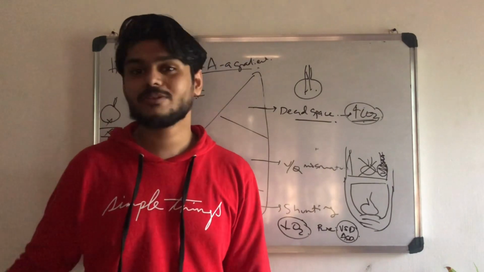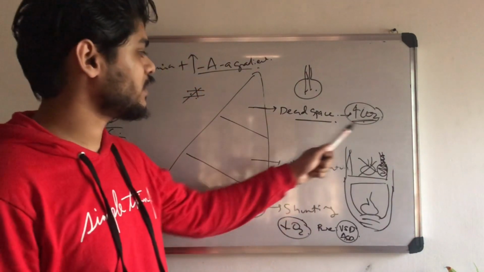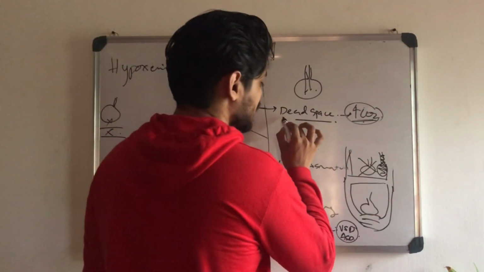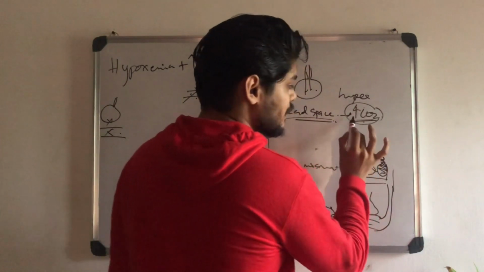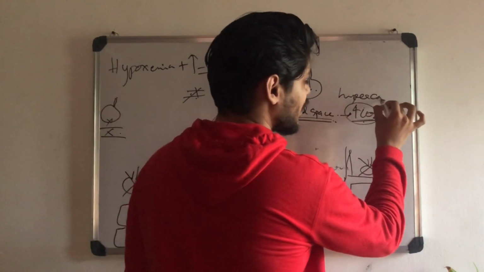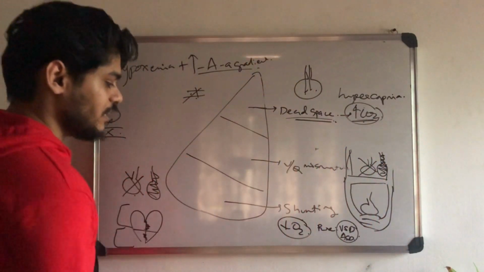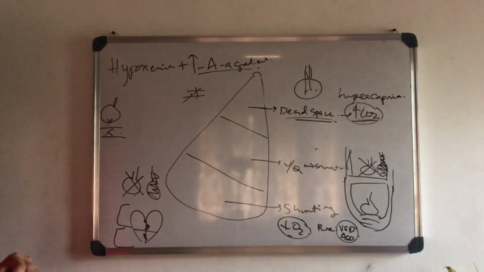Then how can carbon dioxide get outside? So carbon dioxide will increase in dead spaces. That's very important. What is carbon dioxide increasing called? Hypercapnia. There is hypercapnia in dead space, and there is hypoxia in shunting. Understood? This is very easy.